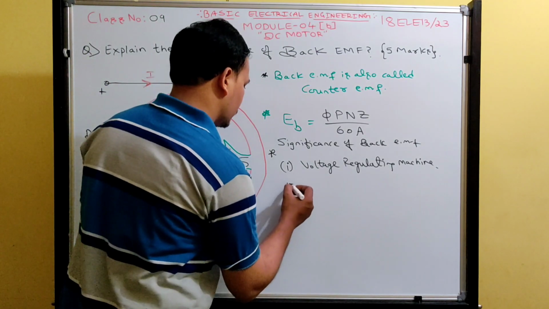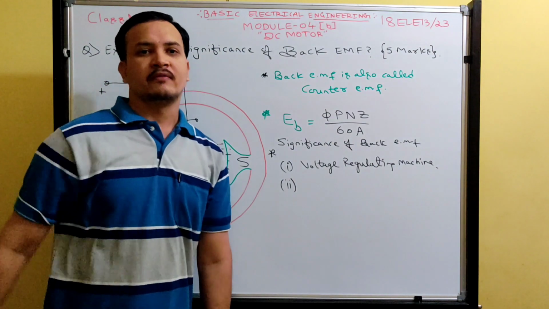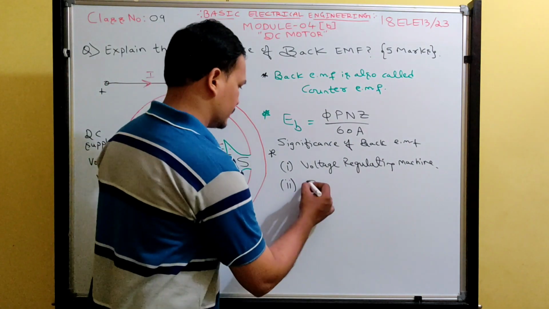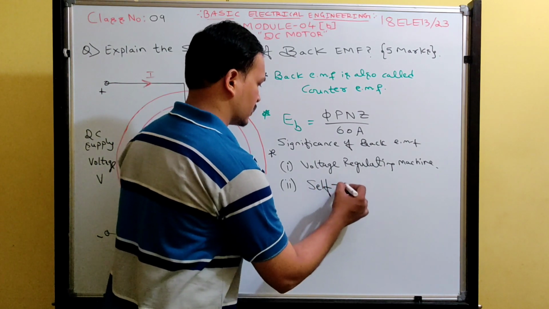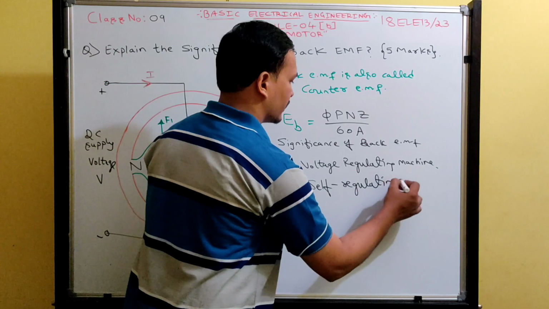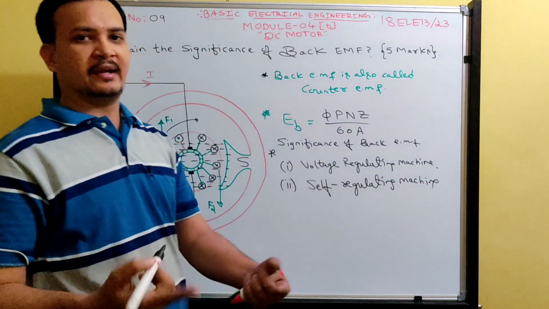The second point is again similar to the first point, and any one you can write in the exam: back EMF is also called a self-regulating machine. Out of 1 and 2, you write any one.